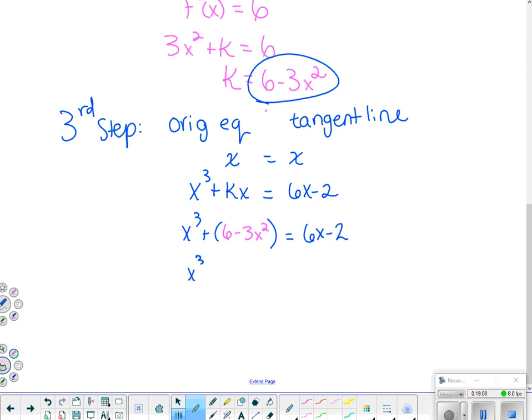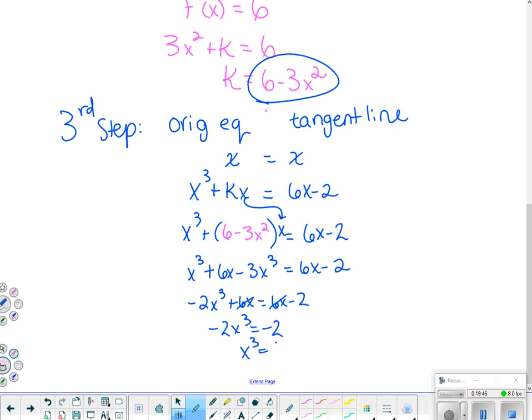We have x cubed plus 6x minus 3x cubed equals 6x minus 2. Accumulating like terms, I'd have negative 2x cubed plus 6x equals 6x minus 2. Subtract 6x from both sides, and then divide by negative 2. x cubed equals 1. x equals 1.